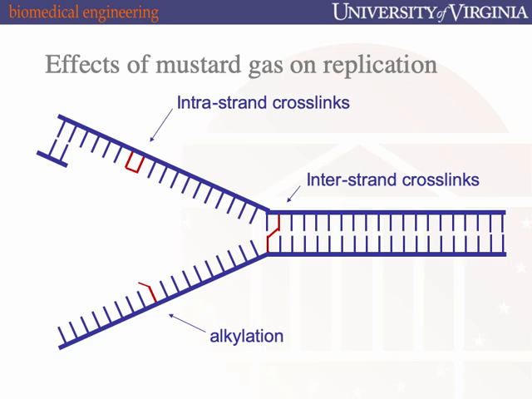They can occur between strands, so that's an intra-strand cross-link. Between strands, interstrand crosslinks, which would be GC. So the reverse complement of the C is G. That's why it goes off diagonal like that. Or they could just be a single modification. The other chloride group is left out there hanging. That's an alkylation event. I described that the last time, and that's just a single adduct, like I talked about before.